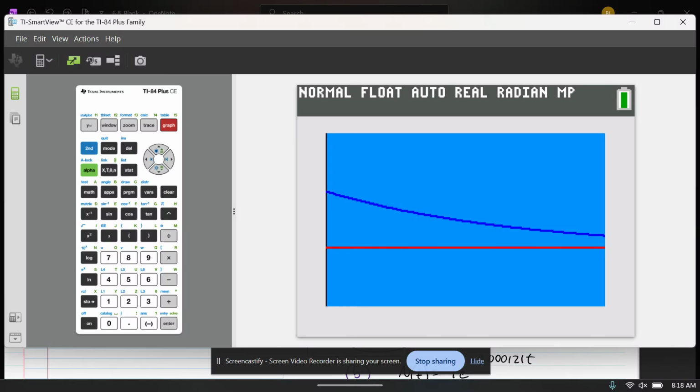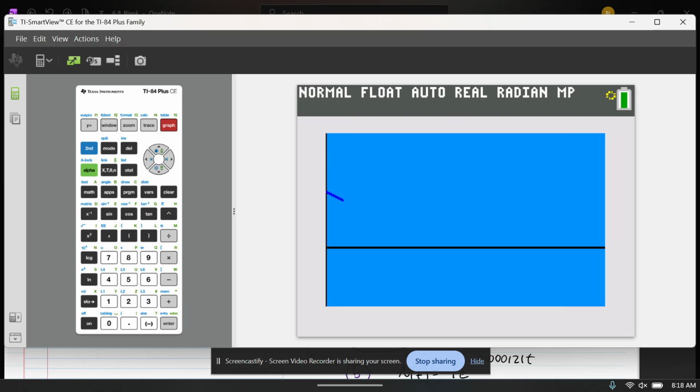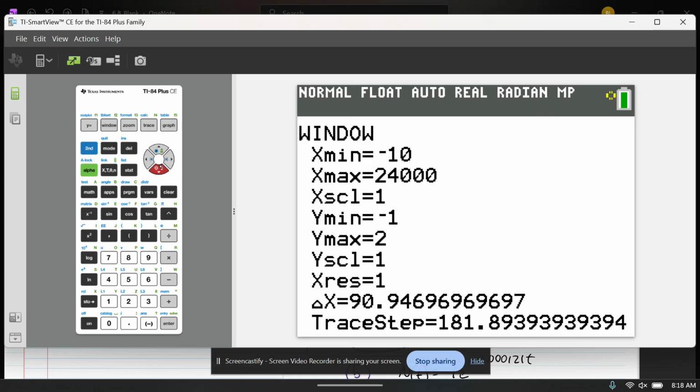Okay, I see that's off the page there. I need to go a little further with my window. I'm going to double that just to see if that gets us there. It may not. That's going to get us close. I think we need to go just a little bit further. I'm going to go to 36,000.